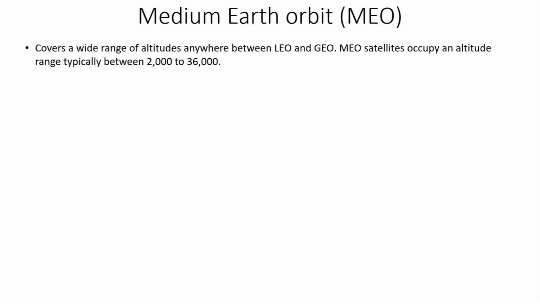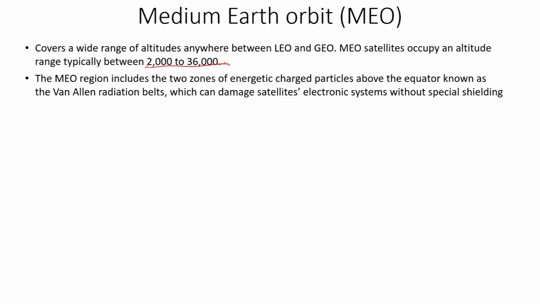Now, let us come to medium Earth orbit. It lies between the geosynchronous or geostationary orbit and the low Earth orbit, so its advantages and disadvantages will be in between these two orbits. Most satellites cover the distances between these two, as I already told.